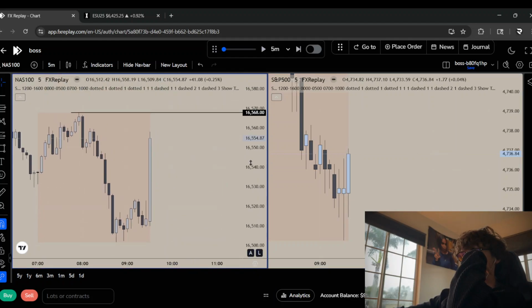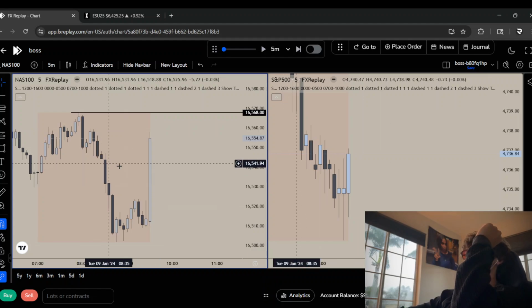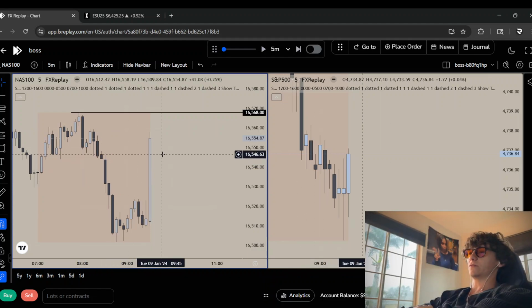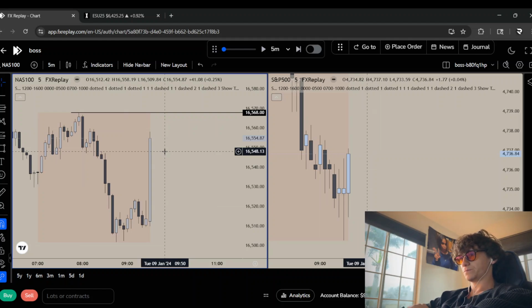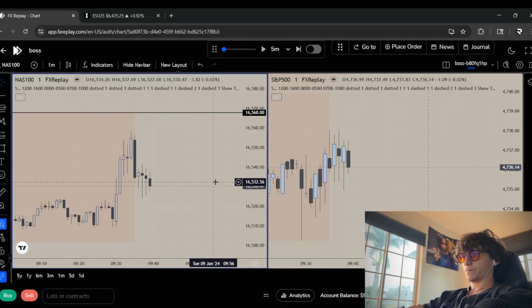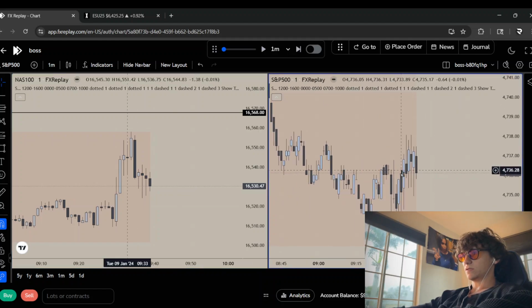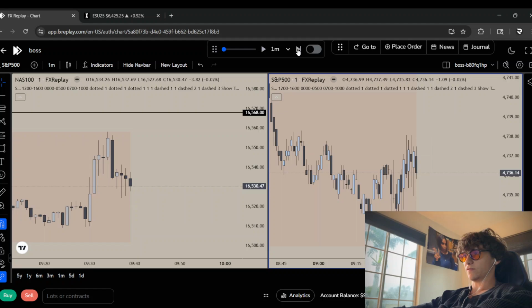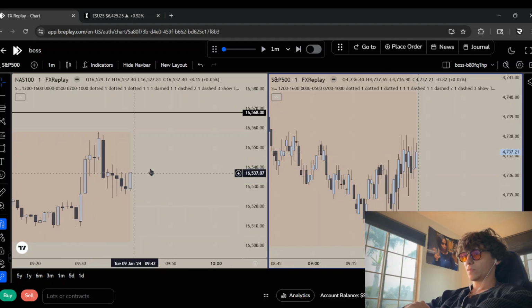Whoa. I guess there was news. It's just 9:30 candle open. Came up here. Displaced hard. Build that 1 minute gap. I would want to see. I think we're gonna be bearish though because of how ES is moving. All right.